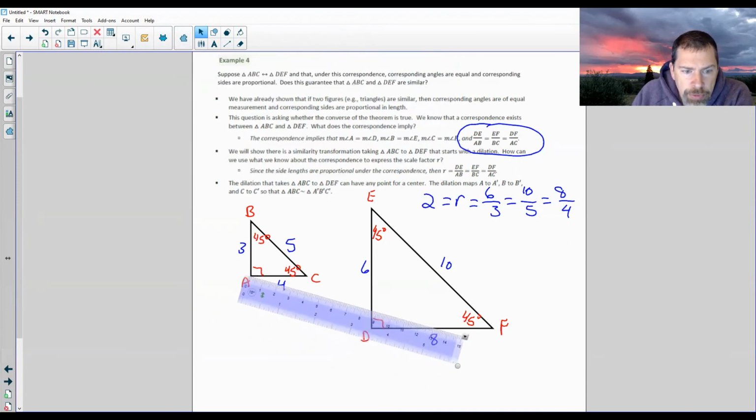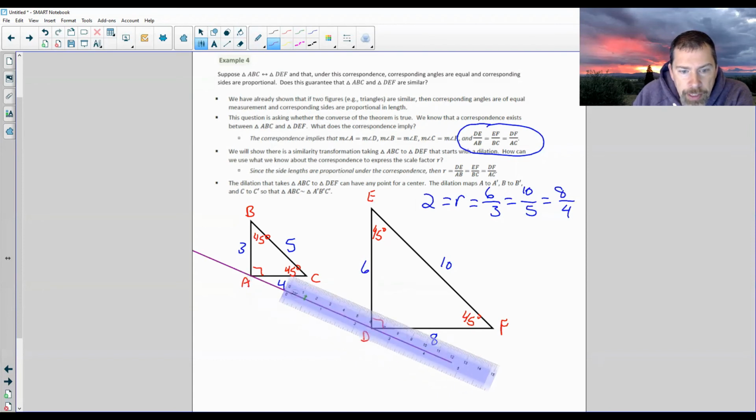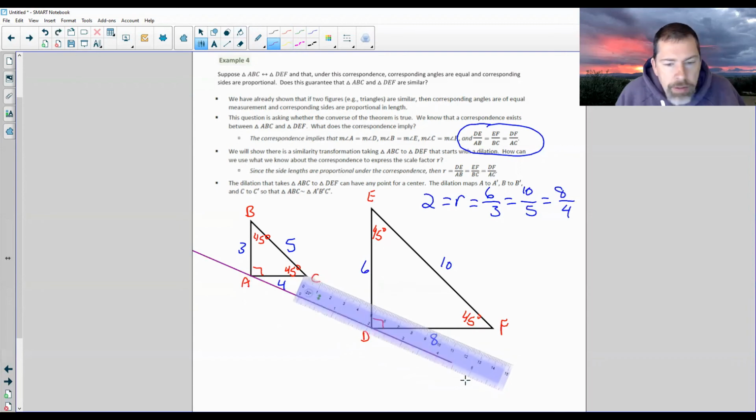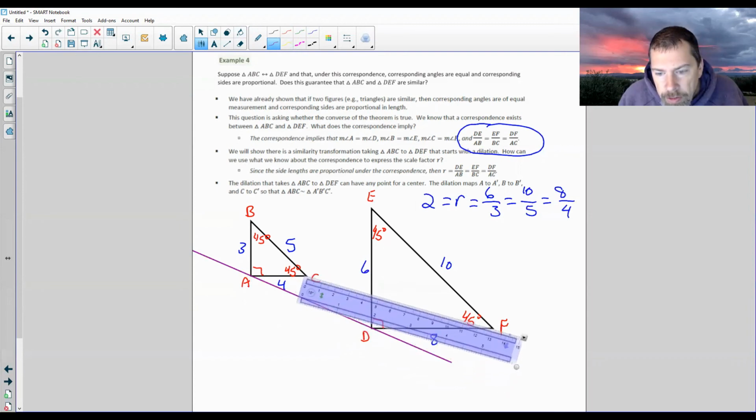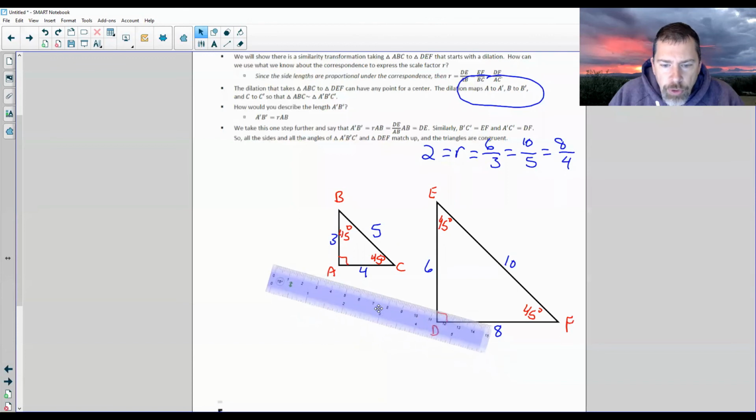So if I put this ruler right there on A and run it through D like there, and then I draw a line like so, and then I take the ruler and put my line going through F, and I'm off the screen just a little. All right, let me fix this just 1 second because I want to show this. Okay, so I move the triangles over so my center of dilation is on screen.